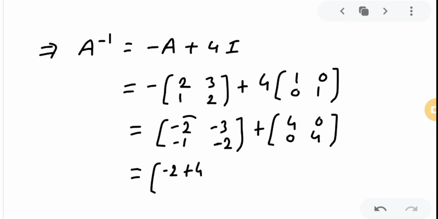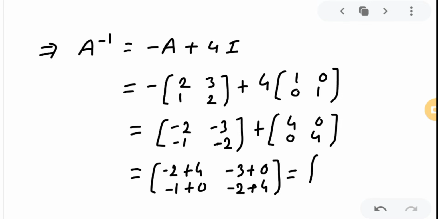Minus 2 plus 4, minus 3 plus 0, minus 1 plus 0, and minus 2 plus 4. So minus 2 plus 4 is 2, minus 3 plus 0 is minus 3, minus 1 plus 0 is minus 1, and minus 2 plus 4 is 2. This is your A inverse.